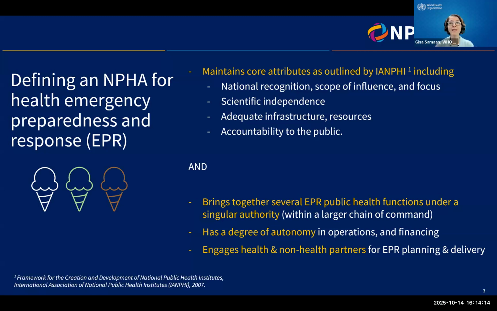At the core, what it does is bring together essential emergency-related preparedness and response functions under a single umbrella, a single entity, and critically, to have a level of recognition, influence, adequate infrastructure and workforce, and accountability.